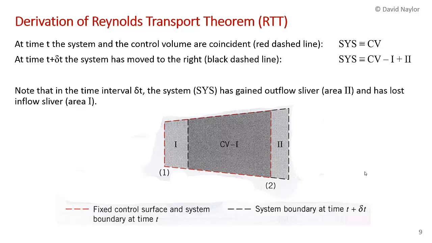So this is restating what I just explained, that at time t, the system and the control volume are coincident, and then after a small interval of time, the system loses this little sliver of area and gains this little sliver of area. So the new system position is the control volume minus area 1 plus area 2.